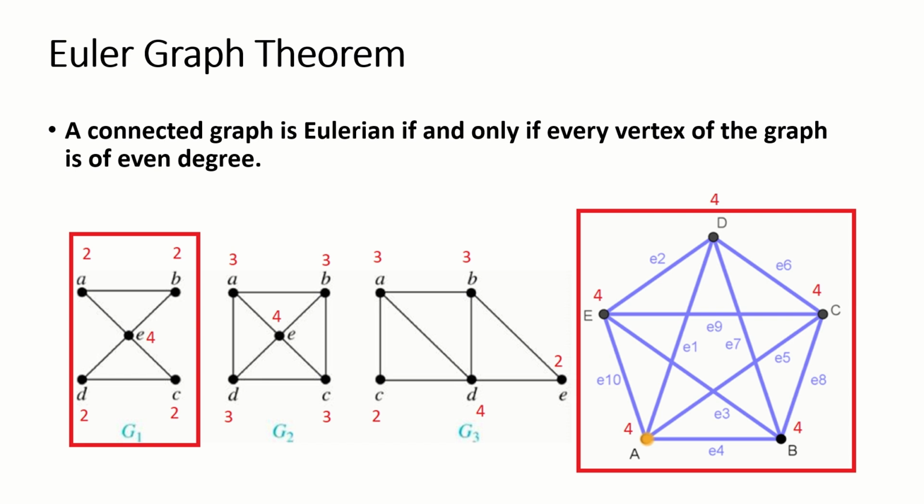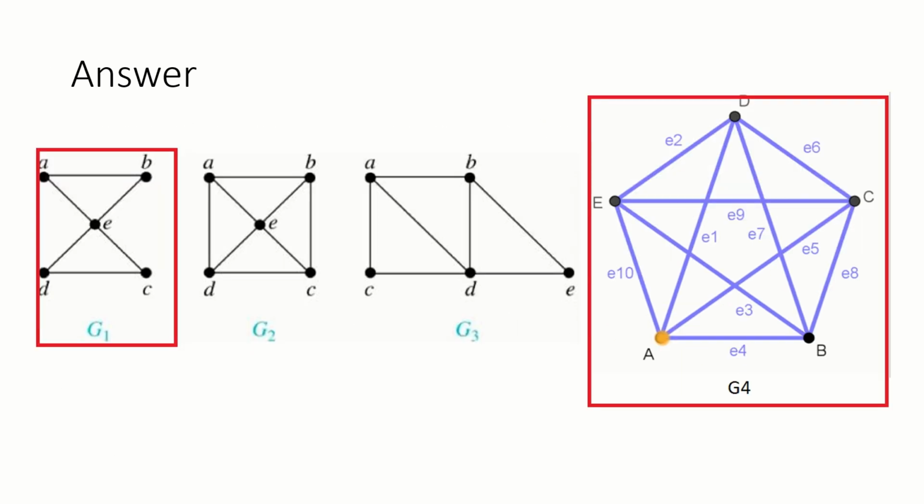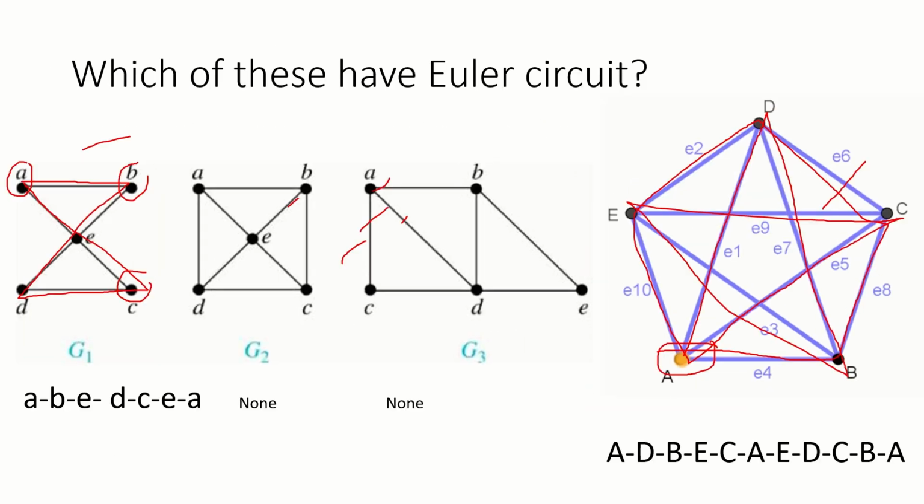Okay, so if the instruction is determine whether the graph is Eulerian or not, you may use this theorem. So your answer will be yes or no, and then you cite this theorem. But if the question is give the Euler circuit, then of course you must do it like this one.